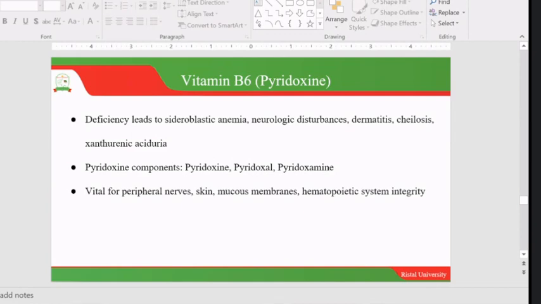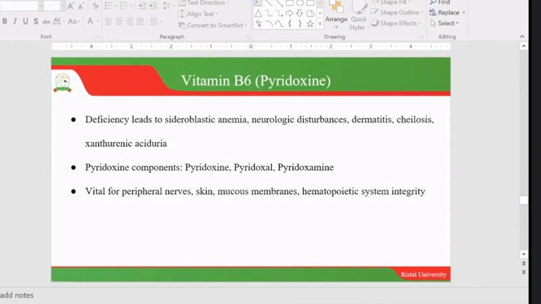But we forget the most common one, sickle cell anemia, that is always staring at us. We have pernicious anemia and megaloblastic anemia. But B6 deficiency leads to sideroblastic anemia and also neurologic disturbances, cirrhosis, and xanthurenic aciduria, when there are a lot of acids in the urine.